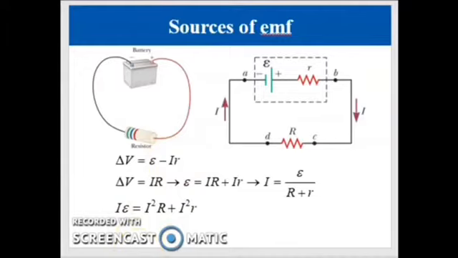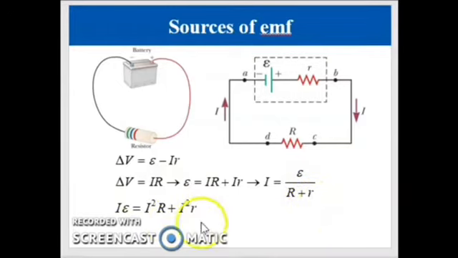The terminal voltage delta V must equal the delta V across the external resistance R, which is called the load resistance. If you can see here, this is Ohm's law, delta V equals IR. Substituted into the first one, we can get I equals epsilon over load resistance R plus internal resistance r.